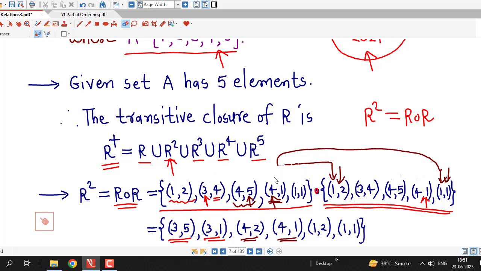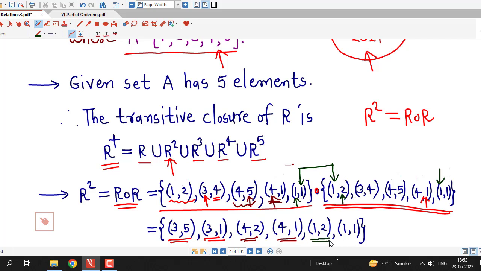The last ordered pair we have to check is 1, 1. Here also the second component is 1, so again I have to concentrate on these two ordered pairs. If I combine these two, I have 1, 1 and 1, 2, so I write ordered pair 1, 2 in the composition.